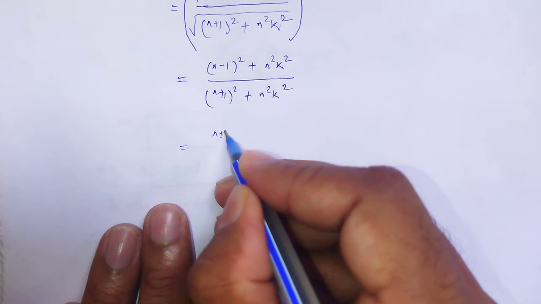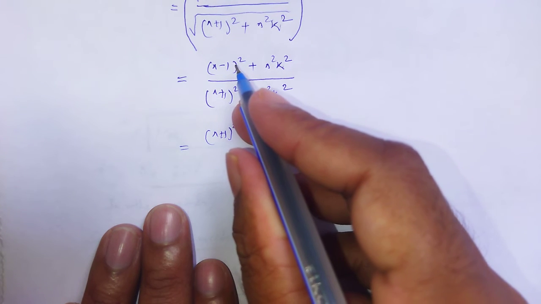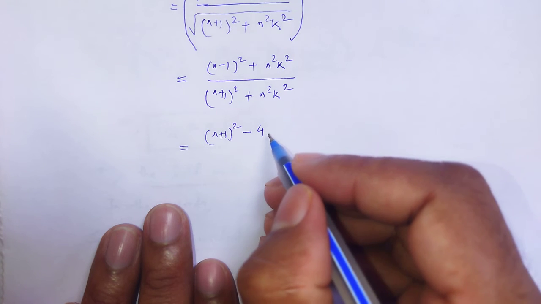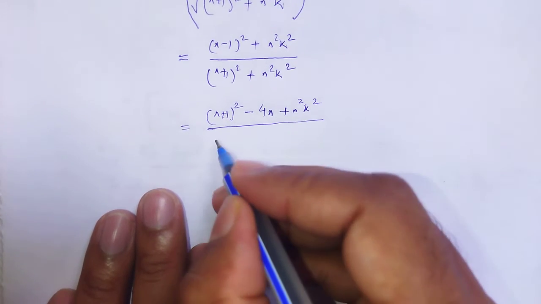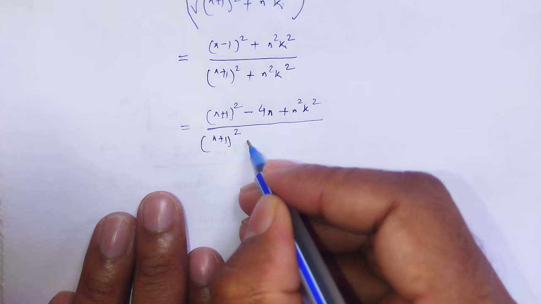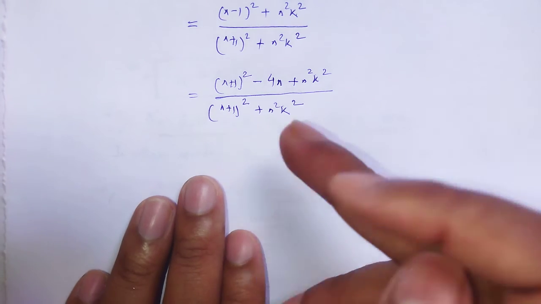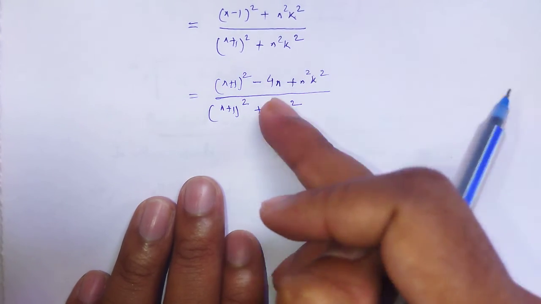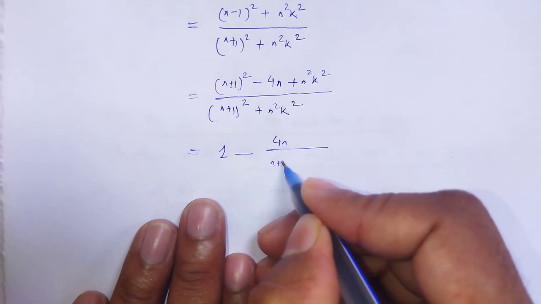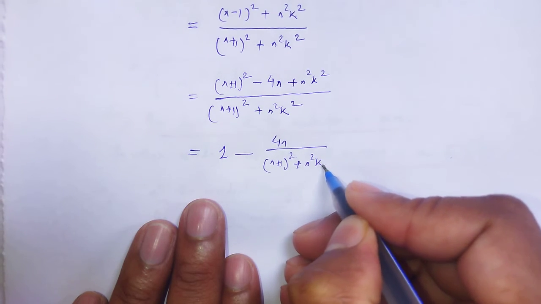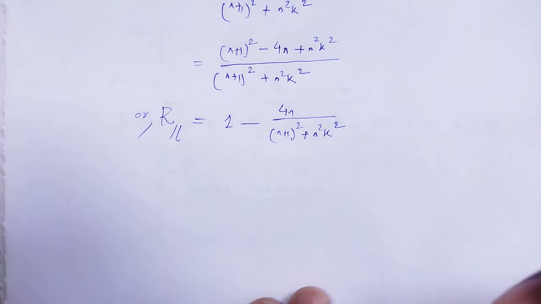Using the formula n plus 1 square minus 4n, a minus b whole square is a plus b whole square minus 4ab, we get 4n plus n square k square divided by n plus 1 whole square plus n square k square, that is 1 minus 4n divided by n plus 1 square plus n square k square, that is for R parallel.